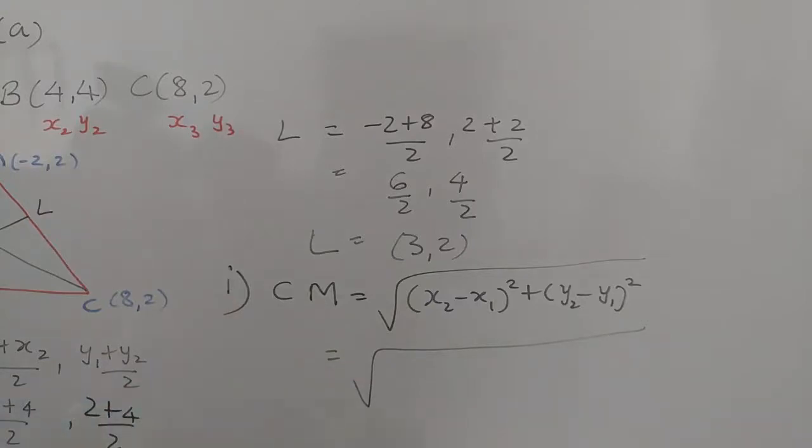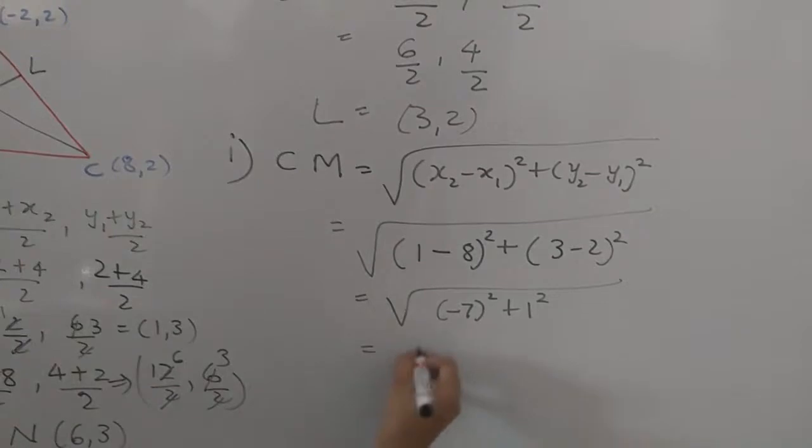So I write 1 minus 8 whole squared plus, C's coordinates are 8, 2 and M's coordinates are 1, 3, so 3 minus 2 whole squared. That is the square root of (minus 7) squared plus 1 squared.